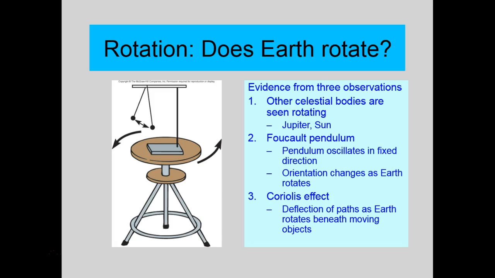When you pull the plug on the sink, on the tub, or flush the toilet, what do you notice? It spins. It doesn't just go down, does it? It actually spins. The reason for that is the rotation of the Earth.